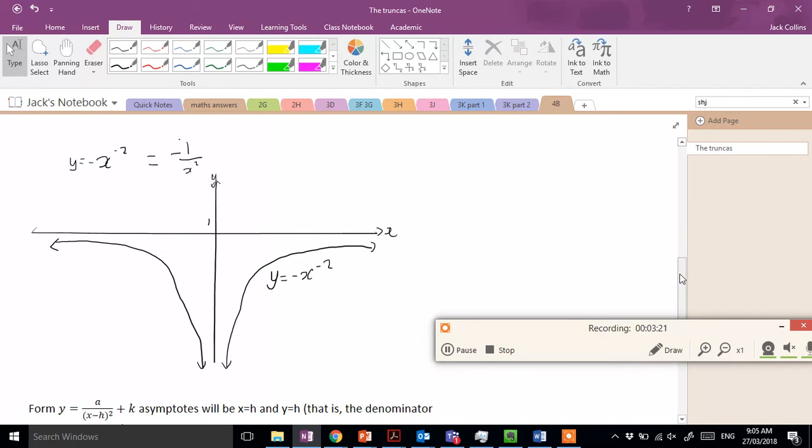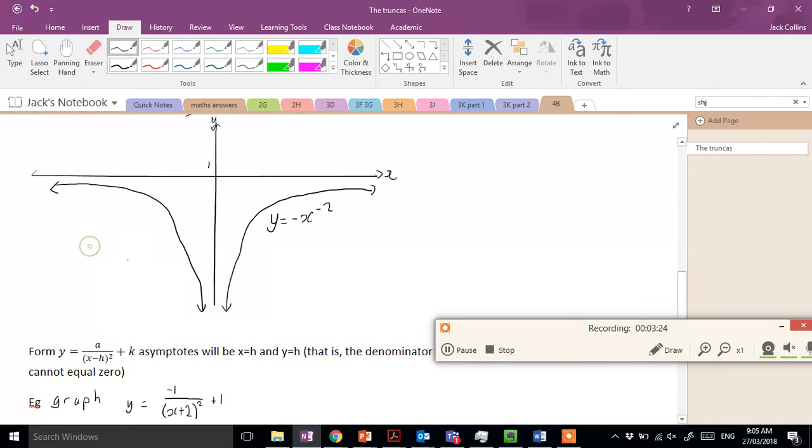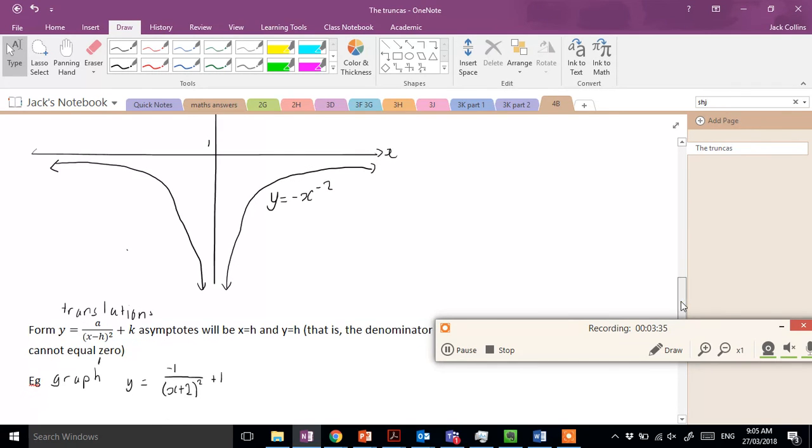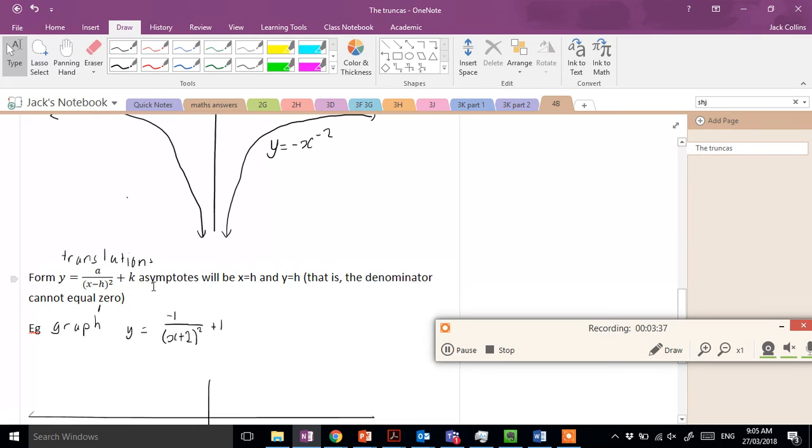And now finally, just looking at translations. Just put a heading in your book, translations. Much similar to the hyperbola, when you've got the form y equals a over x minus h squared plus k, the asymptotes will be y is equal to k and x is equal to h.